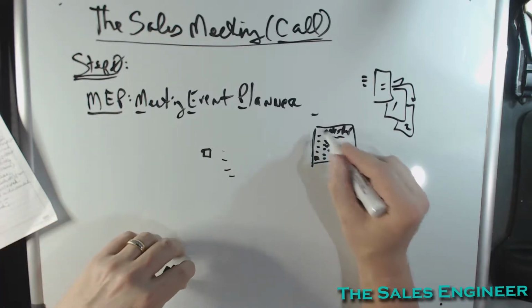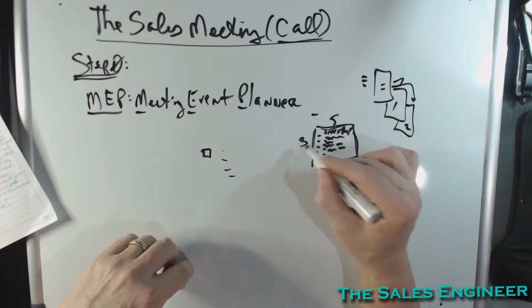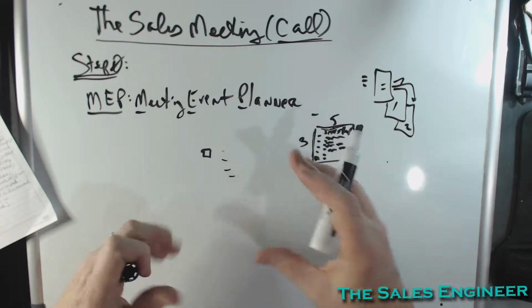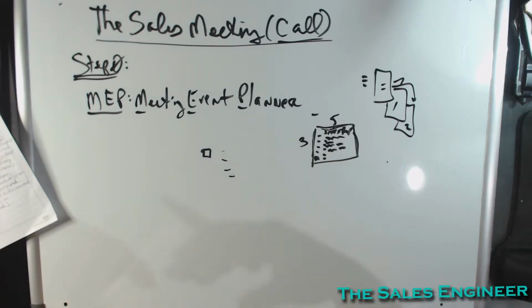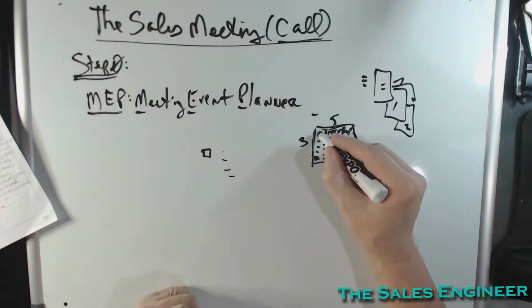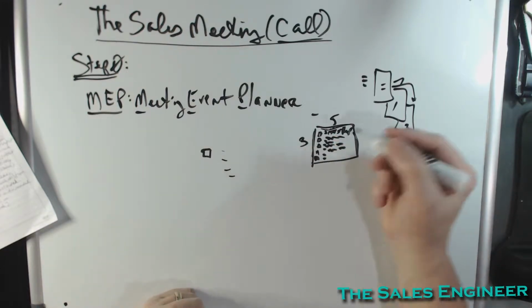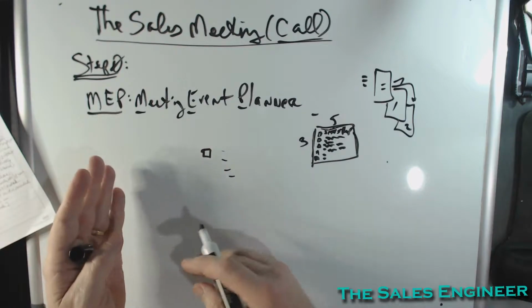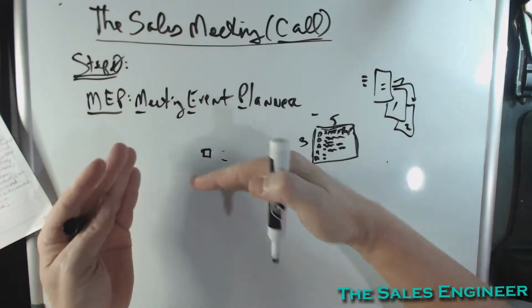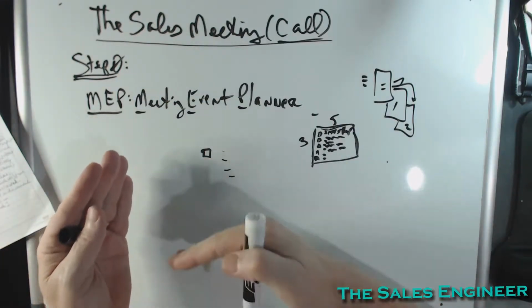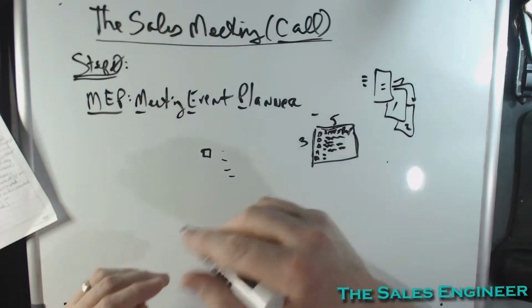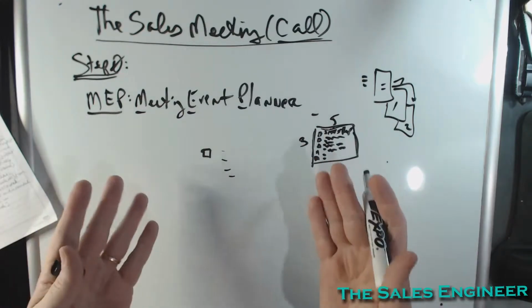And they could have a nice little 3x5 where they could just have it with them. It fits in your pocket. And they could remember to check off these little things or get to each of them, so that at the end, when we go to the meeting event planner, we can say, okay, what are the things we absolutely could not leave this meeting without? Okay, here they are. Did we get them? Yes, no. Where are they?